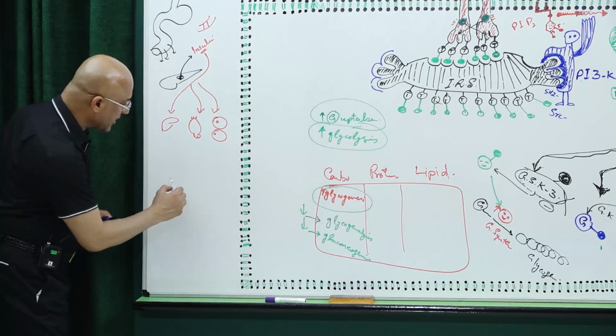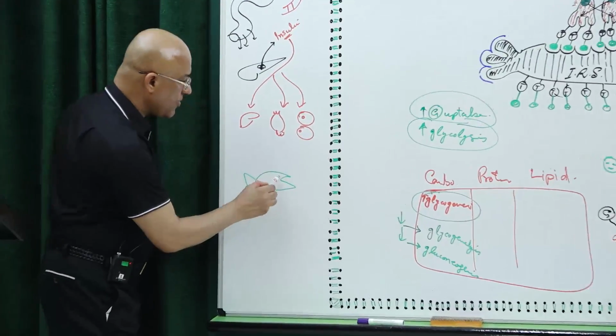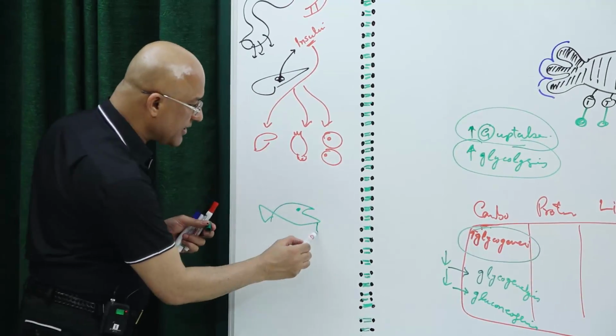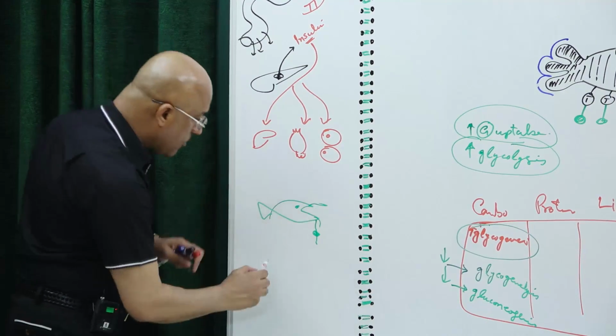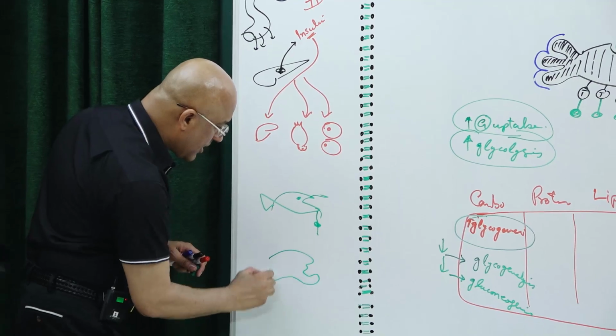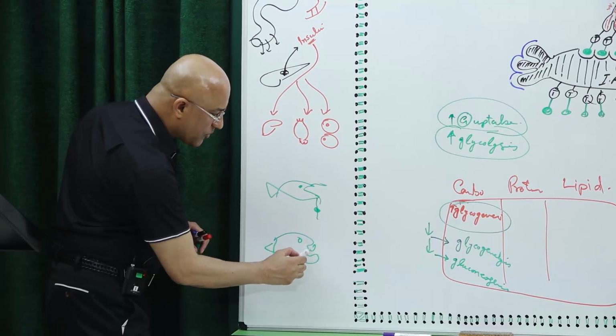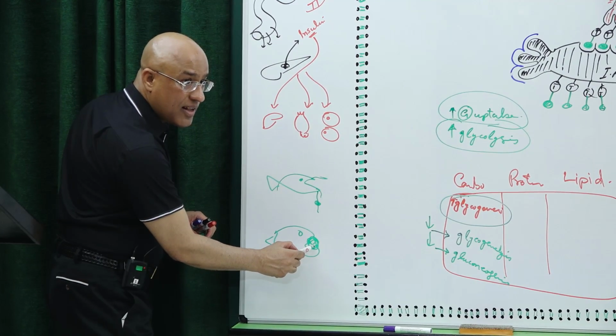Here I want to mention one thing. Let's suppose this is one enzyme, right? If it is phosphorylated here, this mouth will open more and it will become active. But there is another enzyme, let's suppose, and this is phosphorylated inside, this will become inhibited.